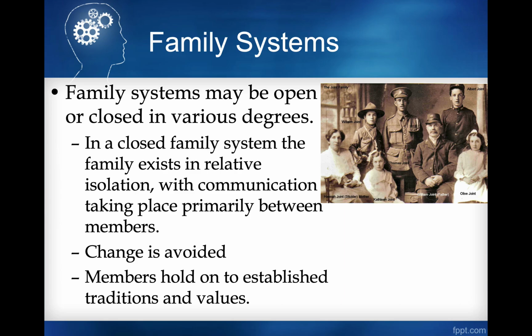Family systems may be open or closed in various degrees. In closed family systems, the family exists in relative isolation, with communication taking place primarily between the members. Change is avoided, members hold on to established traditions and values, and this was really kind of interesting. If I visited a friend, you never knew what you were walking into, what kind of a row you were causing by saying this or that or the other. My family did things one way, other people's families did things other ways.